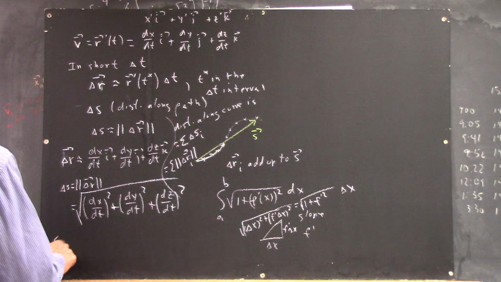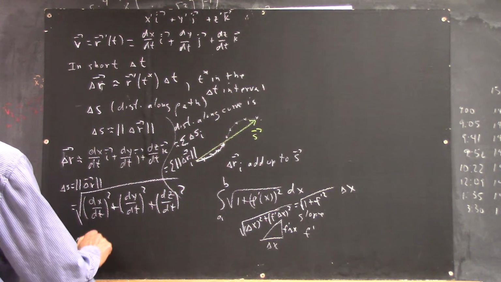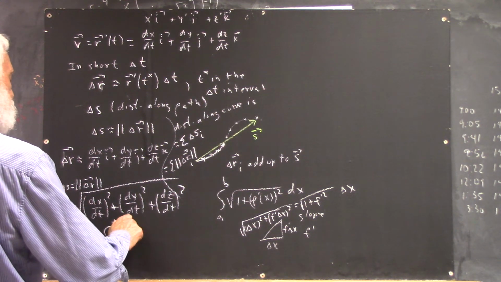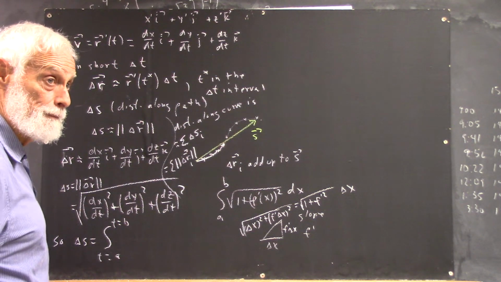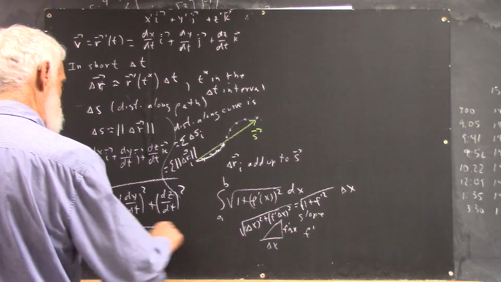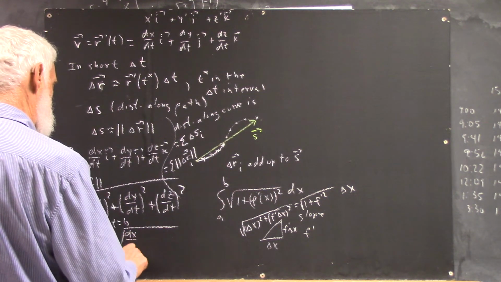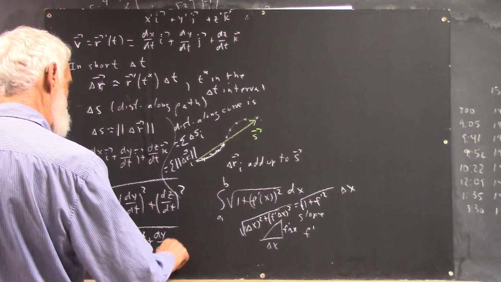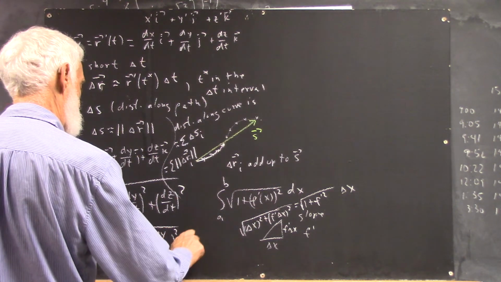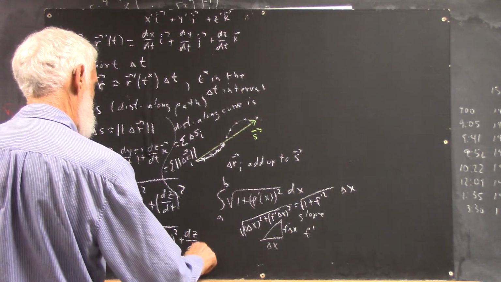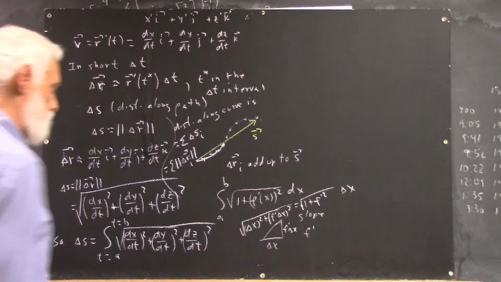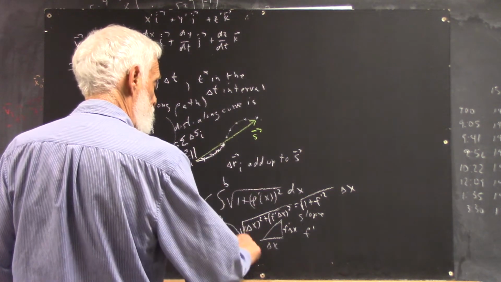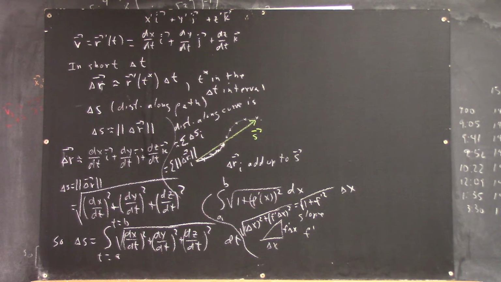So, delta S is the integral from t equals a to t equals b of this, right? With respect to t. There's your arc length for any parametric curve.